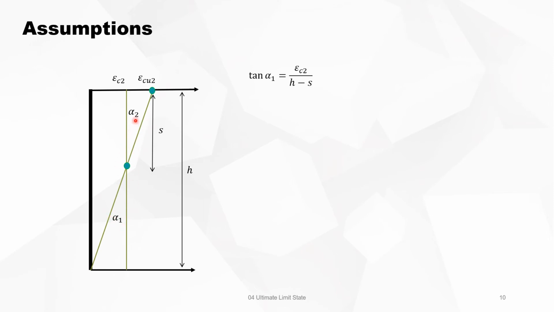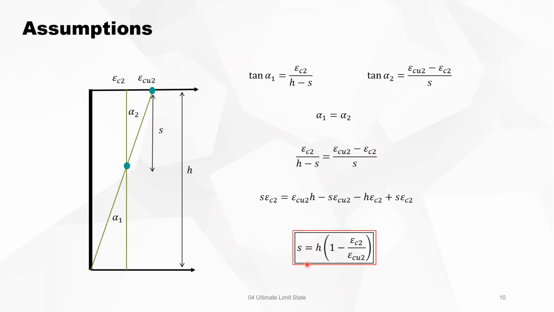The tangent of alpha 1 is equal to this side epsilon C2 divided by H minus S, and alpha 2 is equal to the difference of those two strains divided by S. So we know alpha 1 is equal to alpha 2, so we get S. This is the general formula to derive S. So once epsilon C2 and epsilon CU2 are given, we always know where S is situated.